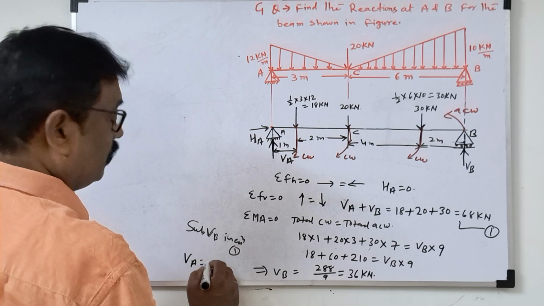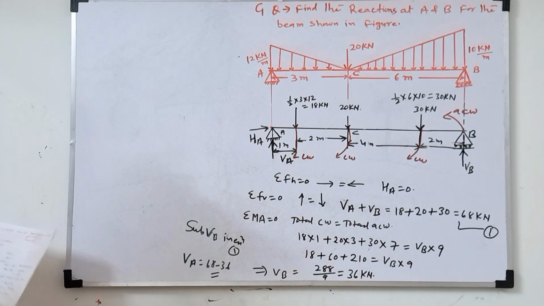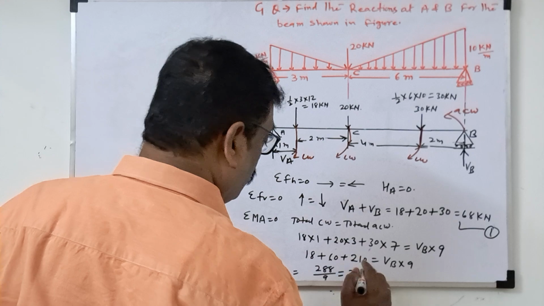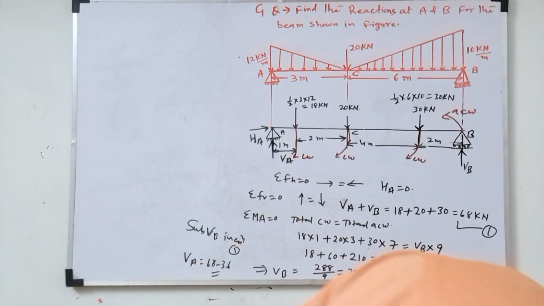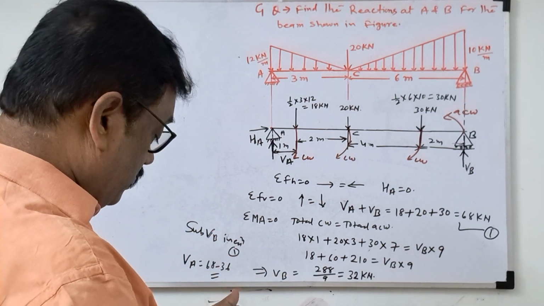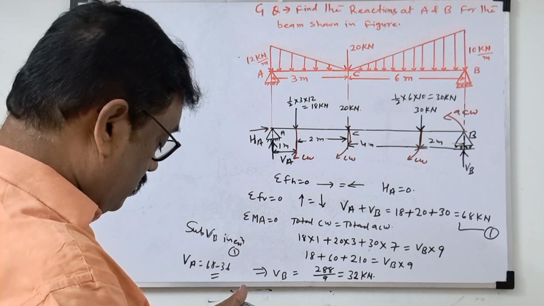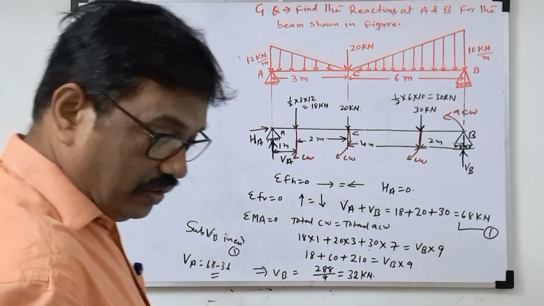VA is equal to 68 minus 32, this will come 36. Once we check 288 divided by 9, it is coming 32, correct.